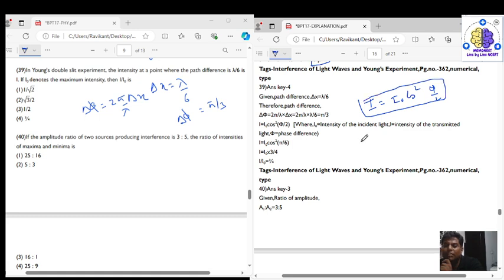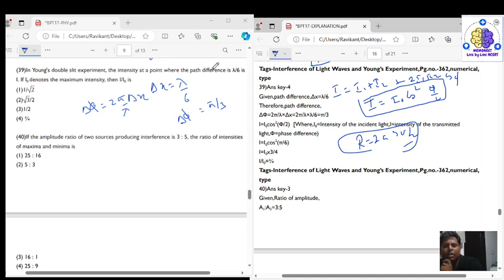That is, we have the resultant is equal to 2a cos theta by 2, right? Or you can simply use directly the formula of I is equal to I1 plus I2 plus 2 times root of I1 I2 into cos phi, right?